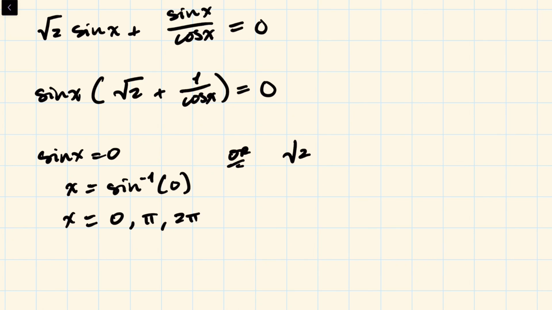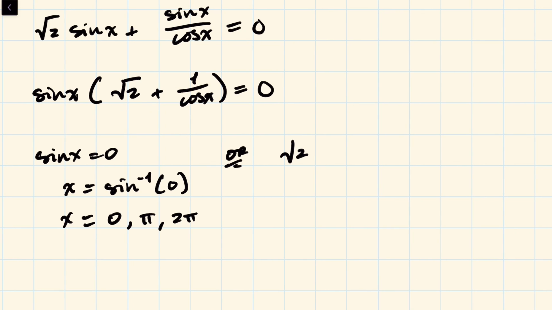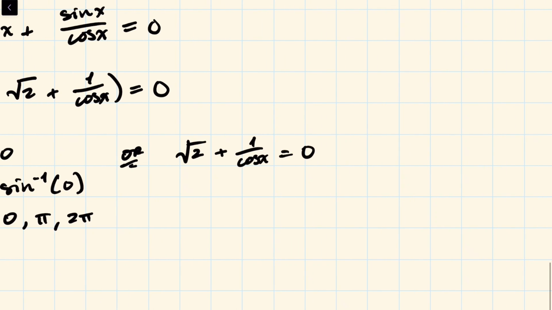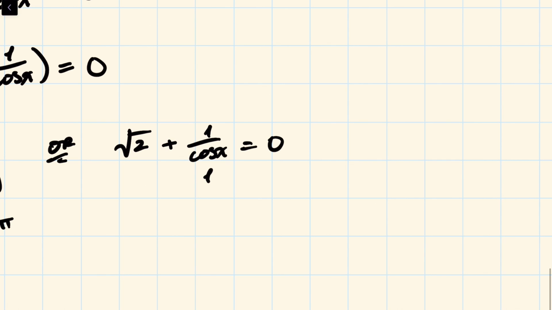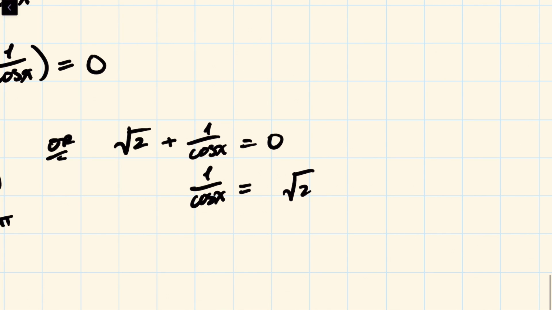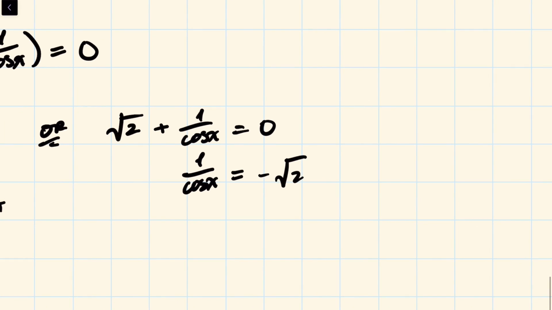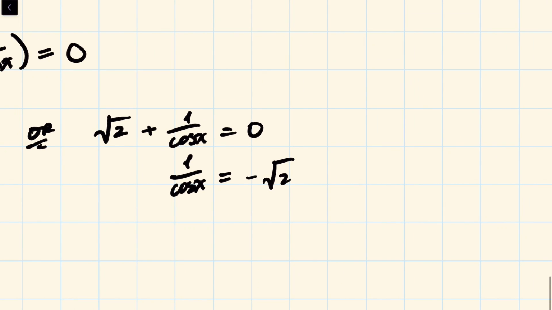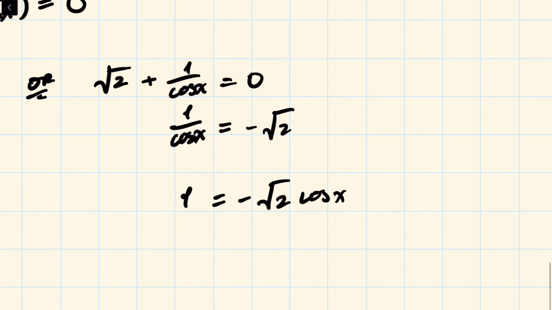we have root 2 plus 1 over cosine of x equals 0. Right? So let's subtract root 2 from both sides, negative root 2 here. Okay. And let's just cross multiply. So negative root 2 cosine of x is 1.